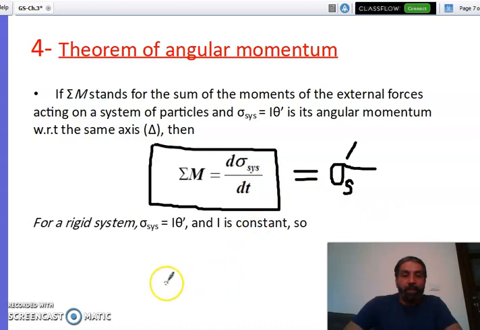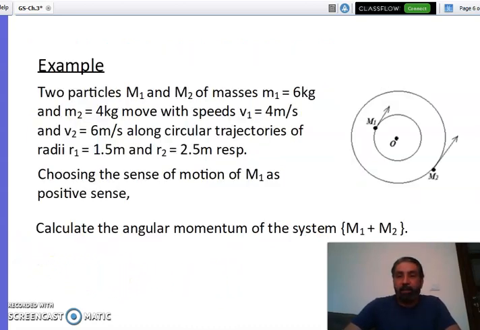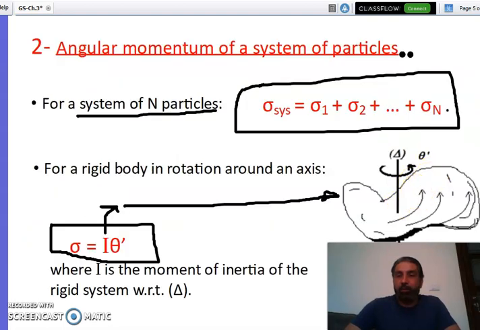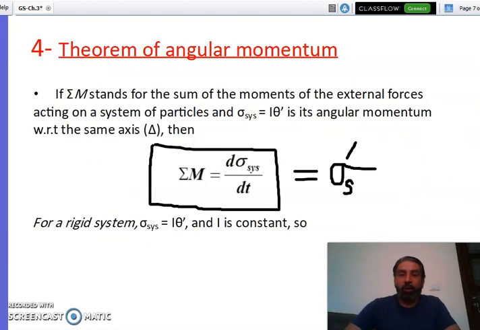Okay. Now, in the case of a rigid system, like this body, which could be a disc, sphere, rod, etc., you know sigma equal I theta prime, and I is constant. So this is a multiplicative constant. When you make the derivative here, you do like this: I theta prime, and here is what?